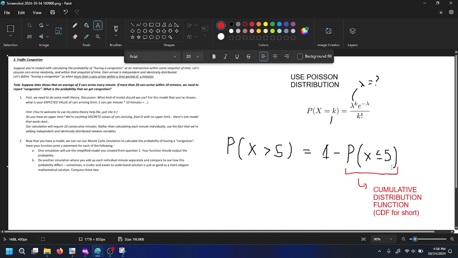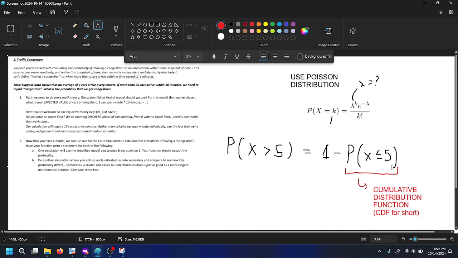This probability is obtained from a cumulative distribution function. More formally, a cumulative distribution function, a CDF, is defined as a function that tells us the probability that some randomly distributed value that follows some probability distribution, so there's a different one for Poisson and for binomial and for Bernoulli and for normal and so on, is less than or equal to some value.